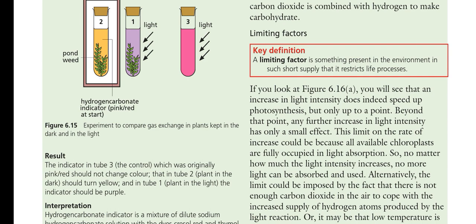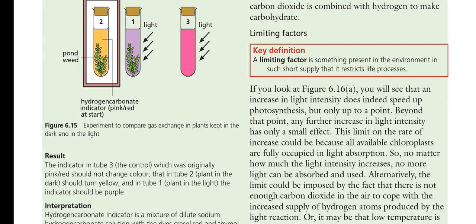For example, if I have more than enough of all other factors like light, chlorophyll and temperature, but a limited supply of carbon dioxide, the rate of photosynthesis will depend only on the carbon dioxide supply. In this specific case, carbon dioxide will be called the limiting factor, because if we increase or decrease that factor, the rate of reaction will be affected.